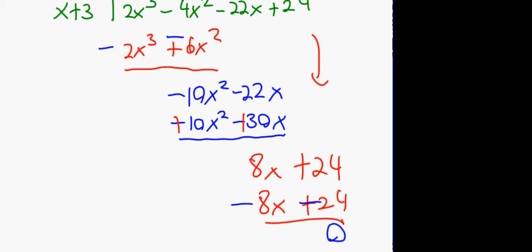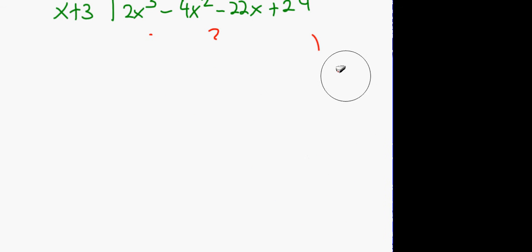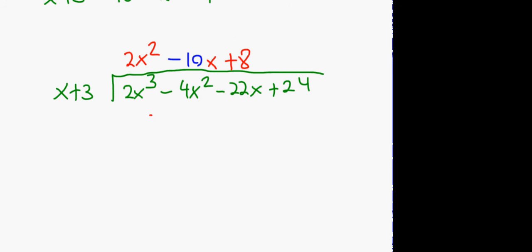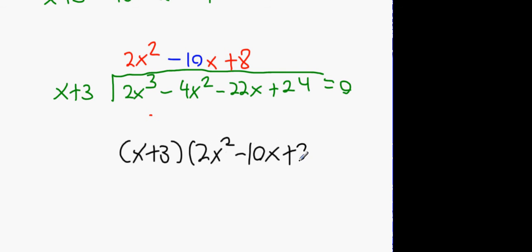Now, what basically happens is you've changed this equation. Remember, when the big equation equals 0, we find the roots. We now know that this equation is the same thing as x plus 3 bracket 2x squared minus 10x plus 8.